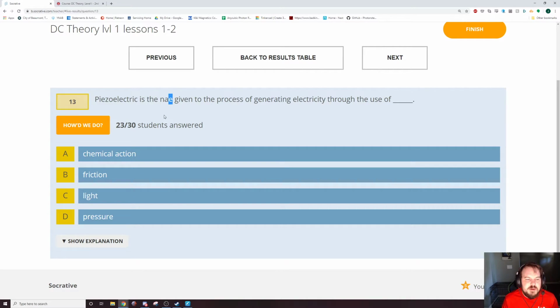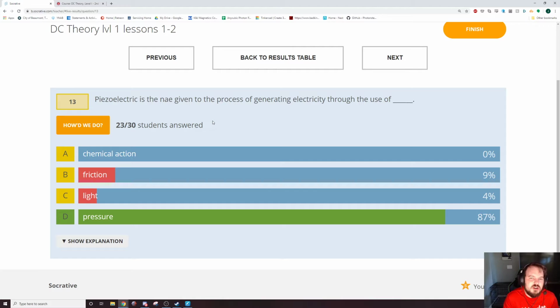Here's my other typo. Piezoelectric is the name given to the process of generating electricity through the use of pressure. One of the key forms of this is, I believe, electric guitars.